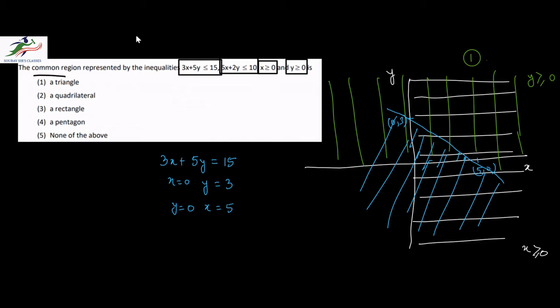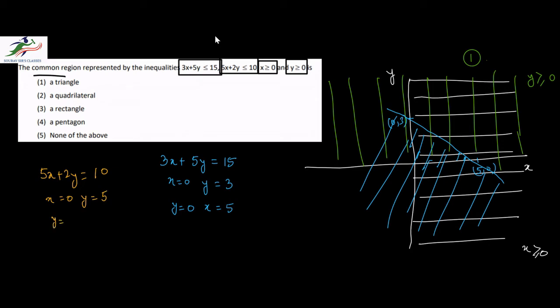So we are again talking about an area in the first quadrant, and we are left with the last inequality, 5x plus 2y less than or equal to 10, and the area would fall below this line. When x equals 0, y is equal to 5.